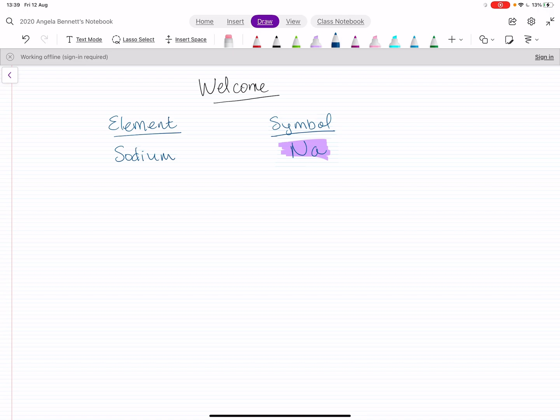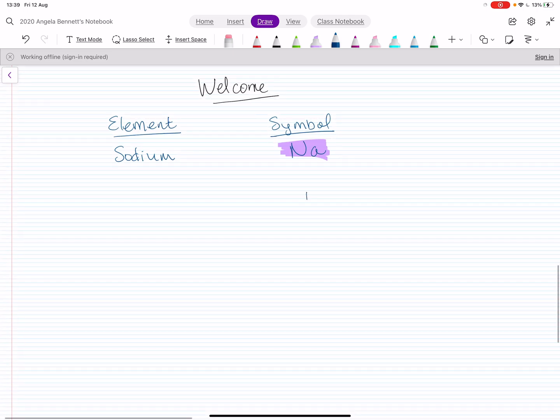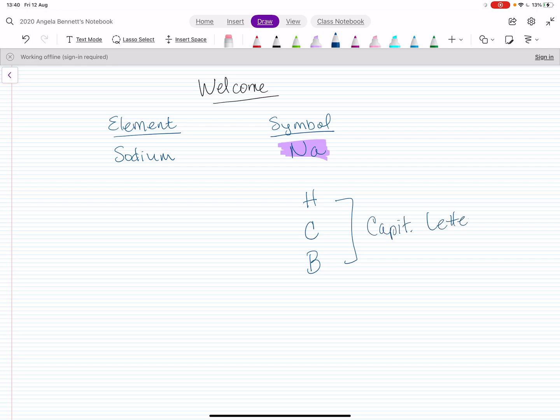So if you go and look at the periodic table, you'll see some symbols that have single letters like hydrogen or carbon. B all by itself is boron. All right, so these are 3 symbols. They're all single letters. They're all capital letters, every single one of them, when it's just a single letter.